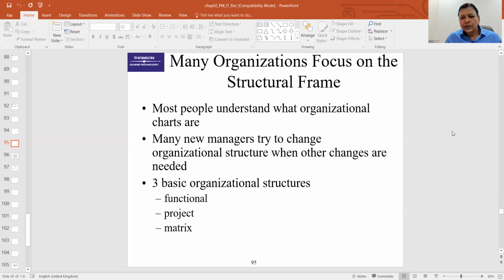Like in FCIT, Faculty of Computing and Information Technology, we have vice dean academics, vice dean development, vice dean research, and then you have chairmen: chairman IT, chairman CS, chairman IS, because there are 3 departments. Under the chairman we have professors, associate professors, assistant professors, lecturers, TAs. Many new managers try to change the organizational structure when other changes are needed. They don't need to change the organizational structure. The 3 basic organizational structures are functional, project, and matrix.